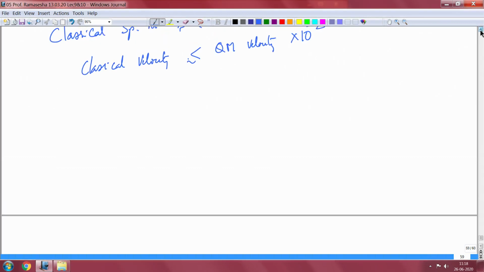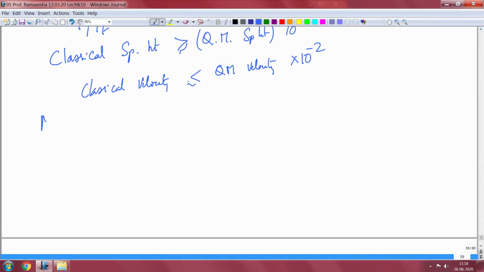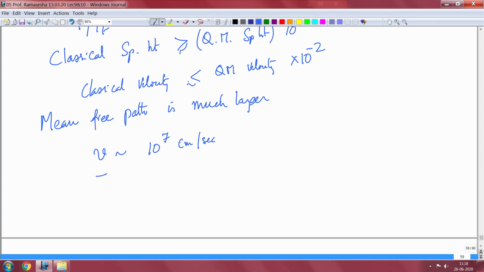We also see that the mean free path is much larger. I have the velocity which goes as something like 10 to the power 7 to 10 to the power 8 centimeters per second, and I have a tau which is of the order of about 10 to the power minus 14 seconds.